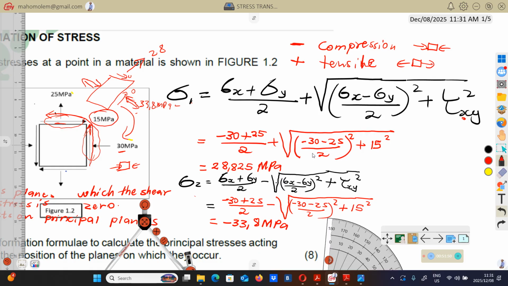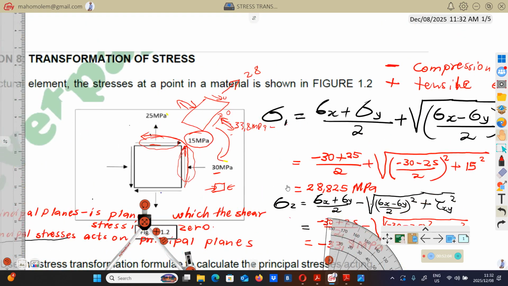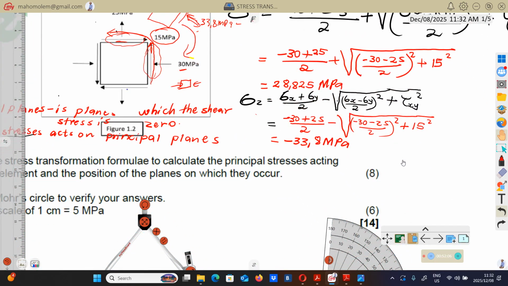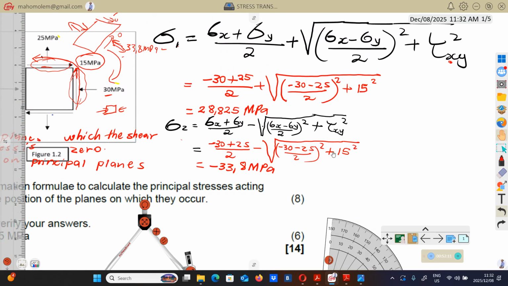Now, just to check if these things are right, we use this to check whether our answers are correct. So let me write here. After calculating the stresses, you can always do this check.